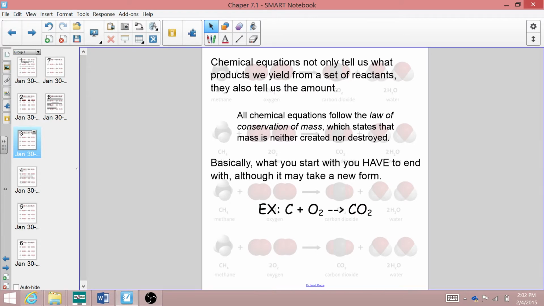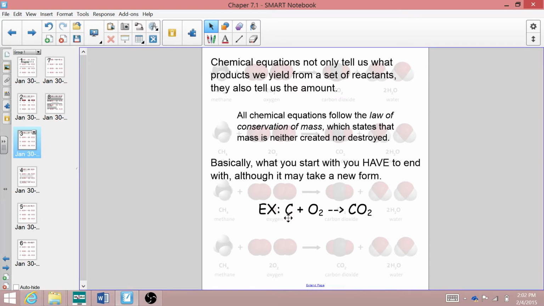For example, if we take a look at carbon reacting with oxygen to make carbon dioxide, we have 1 carbon atom on our reactant side and 1 oxygen diatomic molecule on our reactant side. And over here we have carbon dioxide. Now, these gases have changed into a new form. A chemical reaction has happened where they've changed from one formula into another.